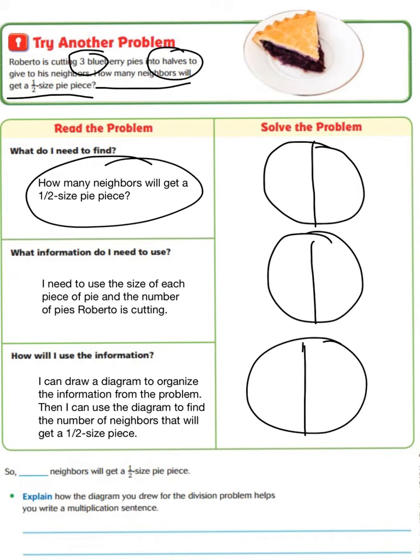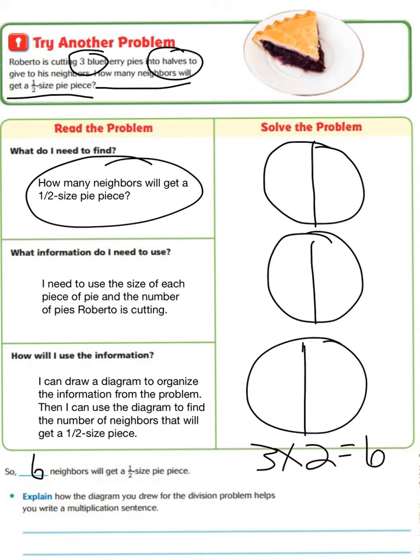For example, we have 3 circles and 2 halves in each circle. So our multiplication problem would be 3 times 2 equals 6. So 6 neighbors will get a 1/2 size pie piece.